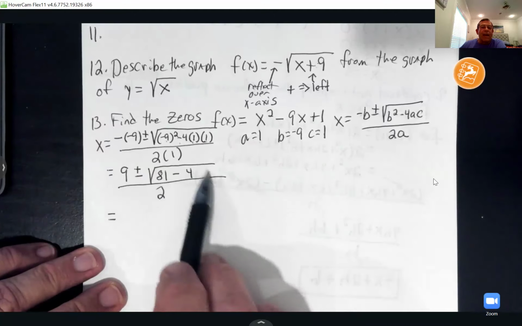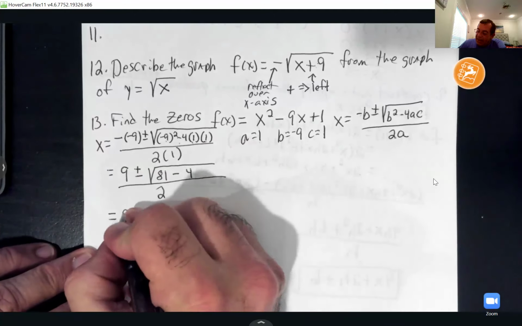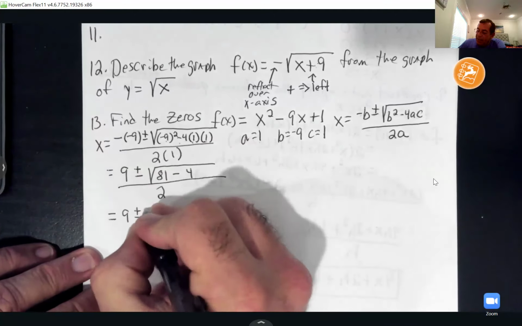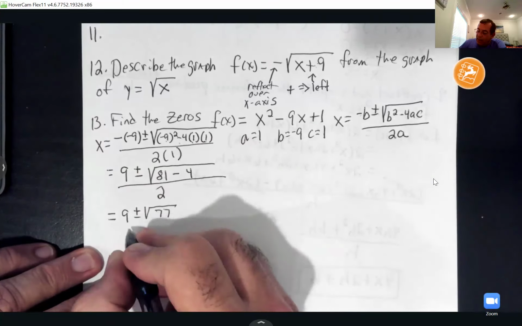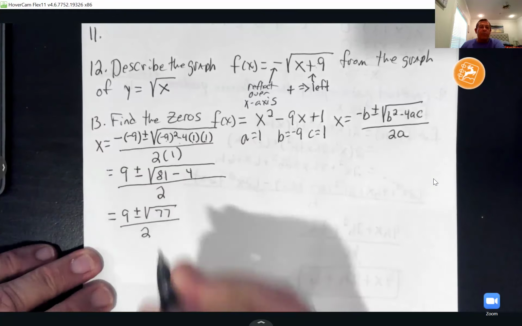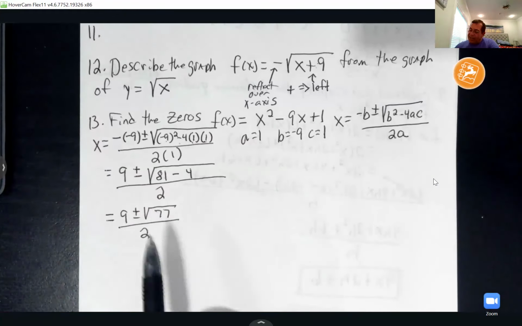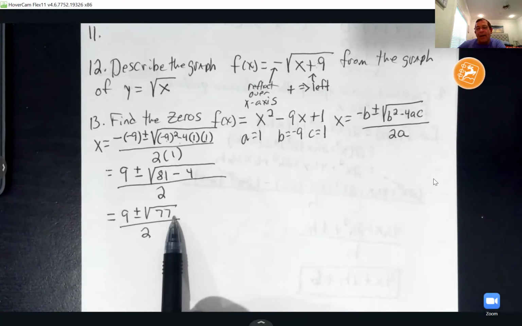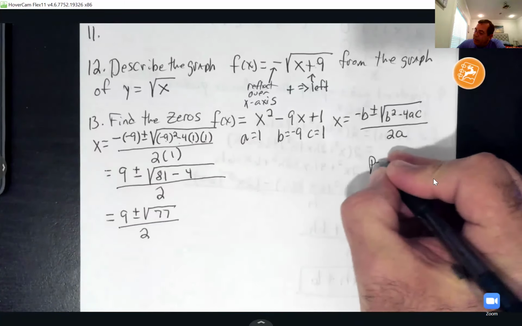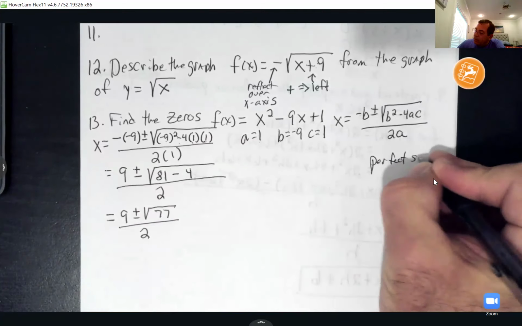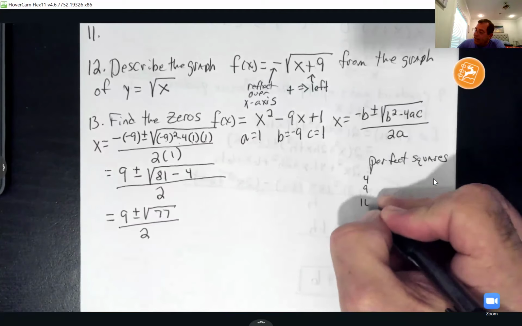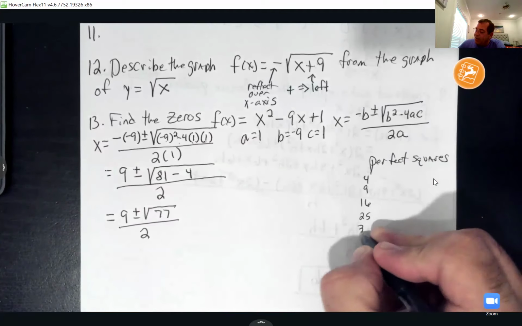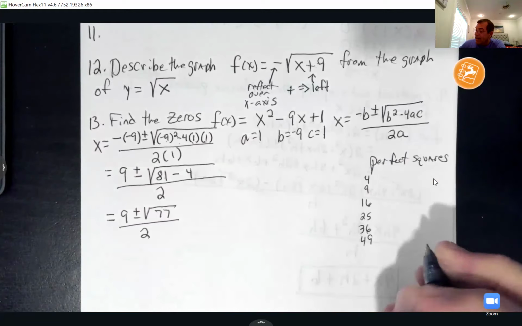All right, so we're working the radical still. So bring down the 9, plus or minus the square root of 81 minus 4, which is 77, all over 2. So at this point, I got to see if I can simplify that radical. But y'all remember the perfect squares? 4, 9, 16, 25, 36, 49.